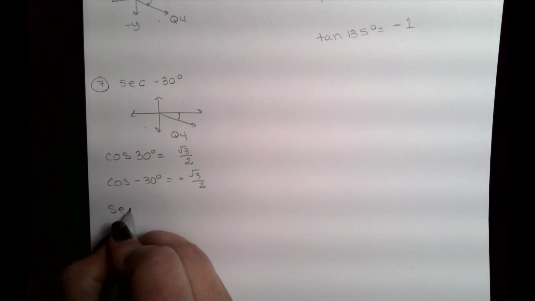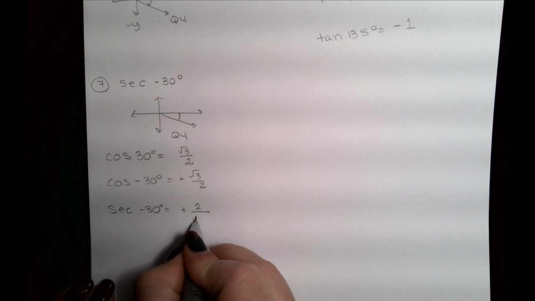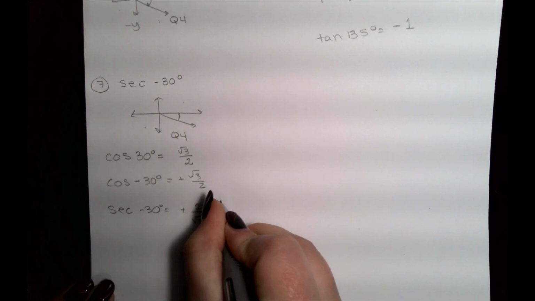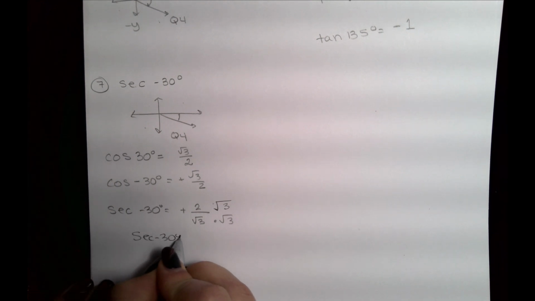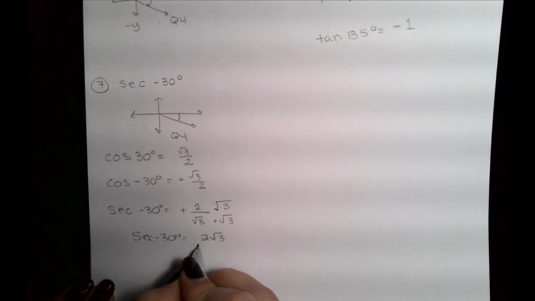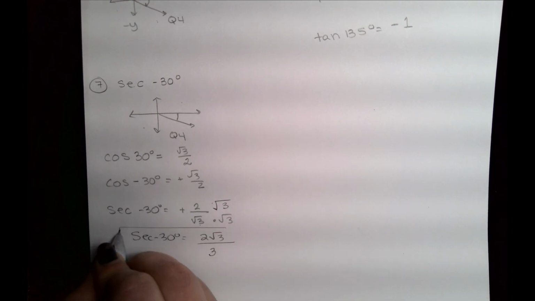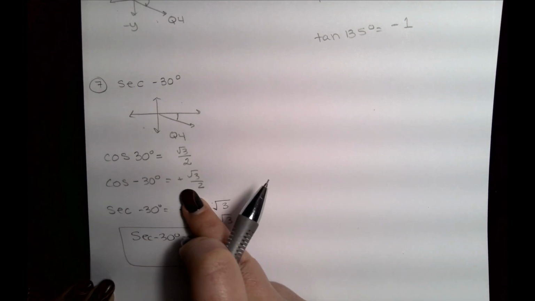So secant of negative 30 degrees is going to be positive 2 over root 3, and we have to rationalize the denominator, multiplying radical 3 top and bottom. That means secant of negative 30 degrees is 2 root 3 over 3 times 3 is 9, square root of that is 3. And again, that's positive because in quadrant 4, cosine is positive.